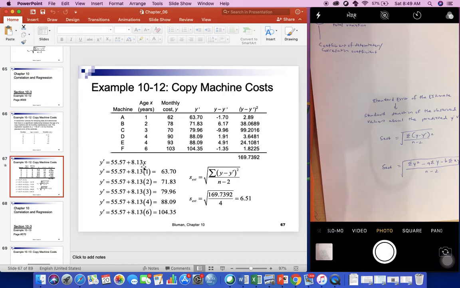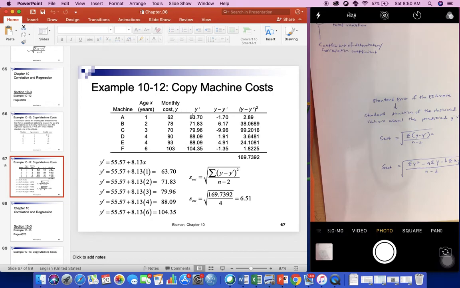So you insert the value for each x. For the first machine, x equal to 1, so we get the y predicted 63.7. For the second machine, x equal to 2, insert 2 here, and you will get the y predicted 71.83.